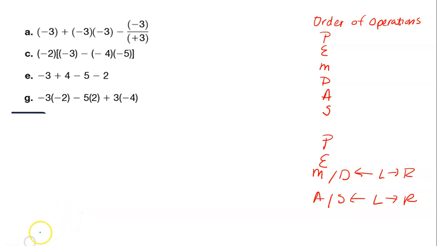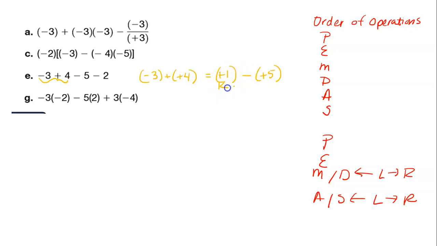I'm going to erase this and we'll do E. All right, let me change colors. E is pretty straightforward. It's just addition and subtraction. So we'll take the first two. I have negative 3. It's basically plus a positive 4, which is going to give me plus 1, minus a positive 5. So this is a subtraction problem.